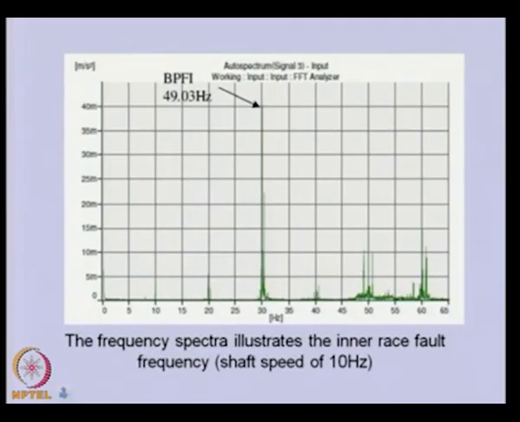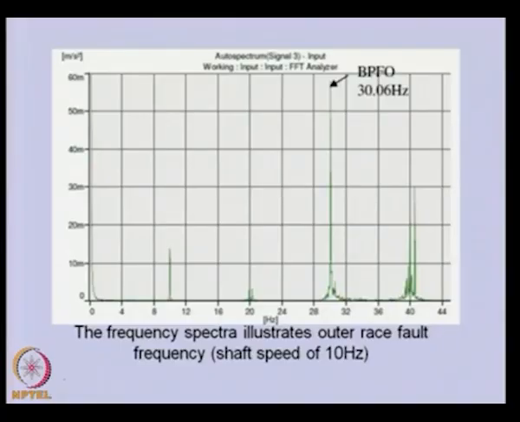So, this is a typical signal in which the inner raceway defect is there. In this experiment we had a normal bearing and bearings with various kinds of defects. We measured the signal with the normal bearing and with various defects, and we plotted in the frequency domain. So, this particular peak you can see corresponds to the inner race fault frequency, which is very close to the calculated one.